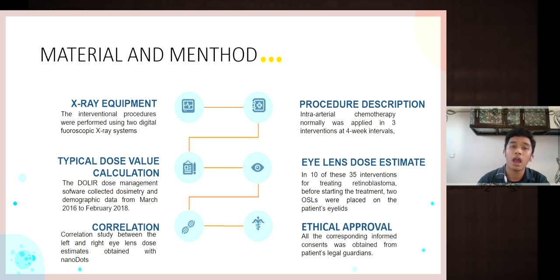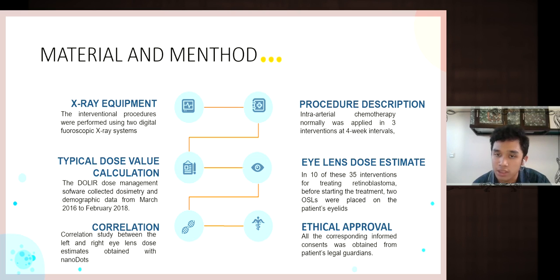Both of them have a maximum output of 100 kilowatt, minimum exposure time of 1 millisecond and voltage range of 40 until 125 kilovolt. Both of them use a standard protocol known as the cerebral protocol with 2 images per second and the lowest level at 15 pulses per second.